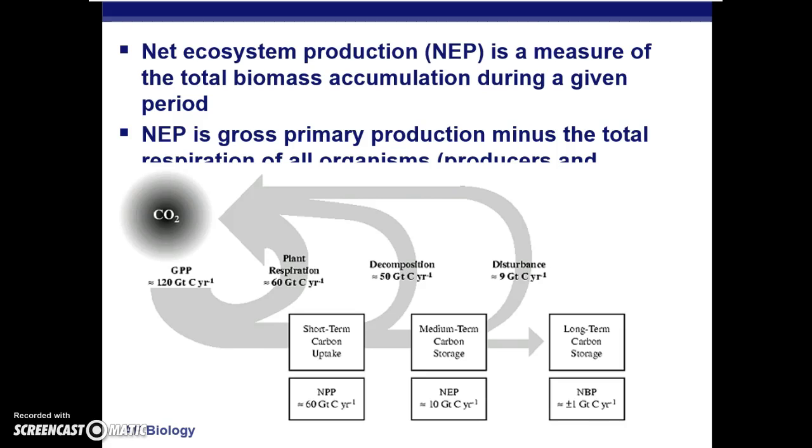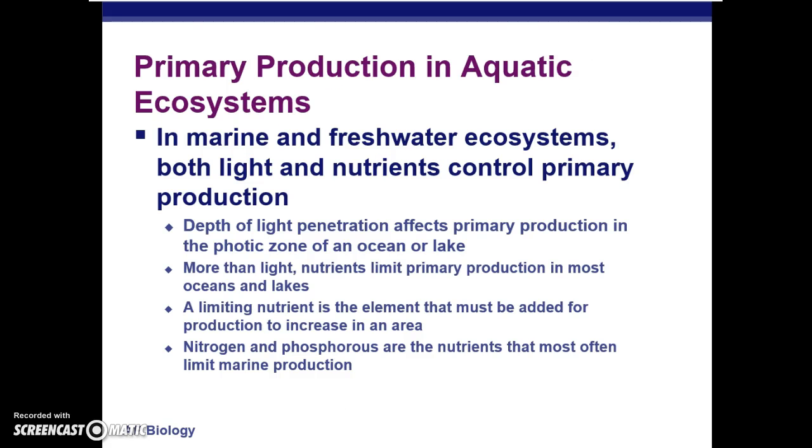So you could see from that satellite image that primary production in an aquatic ecosystem is not really as prolific as it is on the terrestrial. And part of the reason for that is that both light and nutrients are controlled and limited in a marine or freshwater ecosystem.